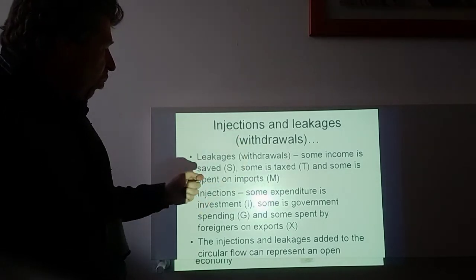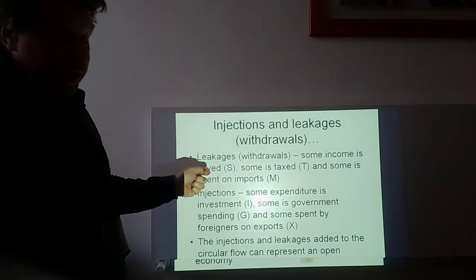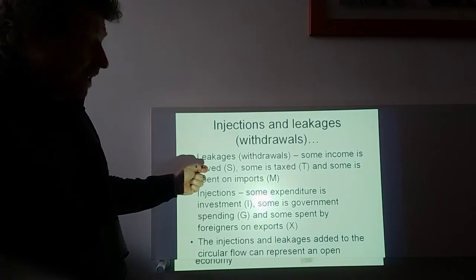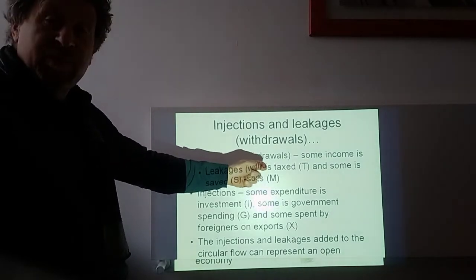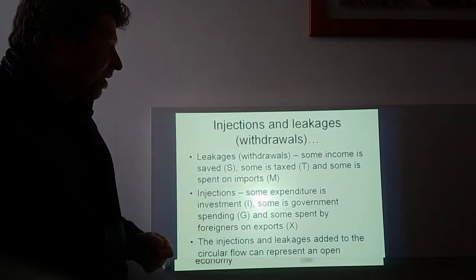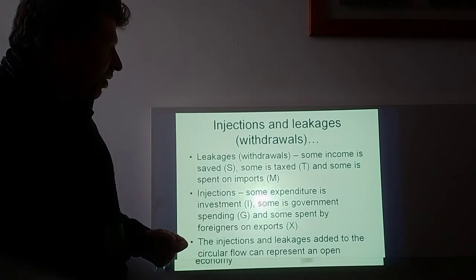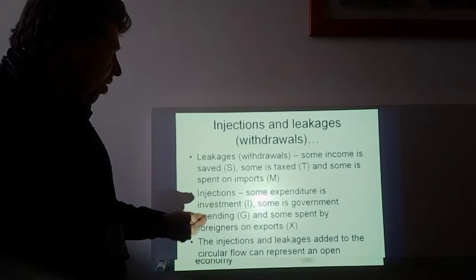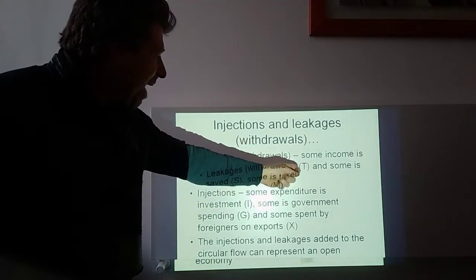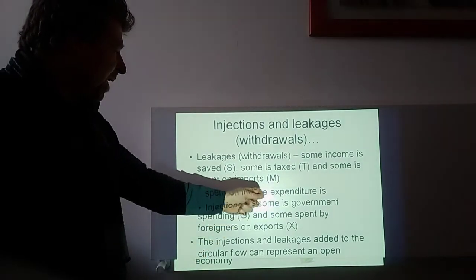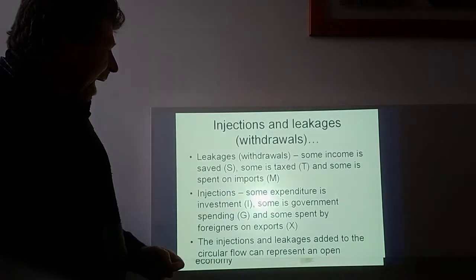Withdrawals, what's taken out, for example, is savings. We often save money, we're not spending it. Or we spend on tax. It doesn't go on goods and services, it goes on tax. And or imports we buy from abroad. Normally these have letters to represent them, and the imports is M.